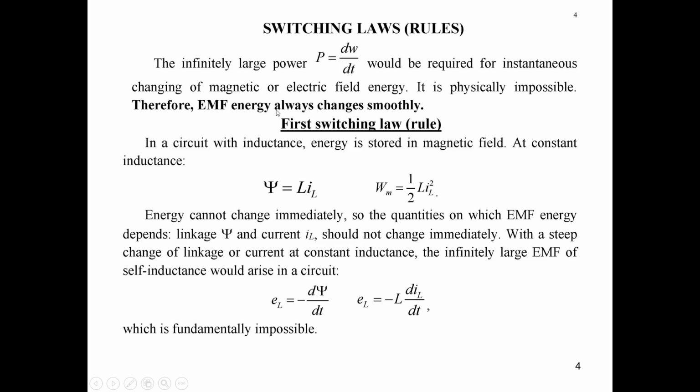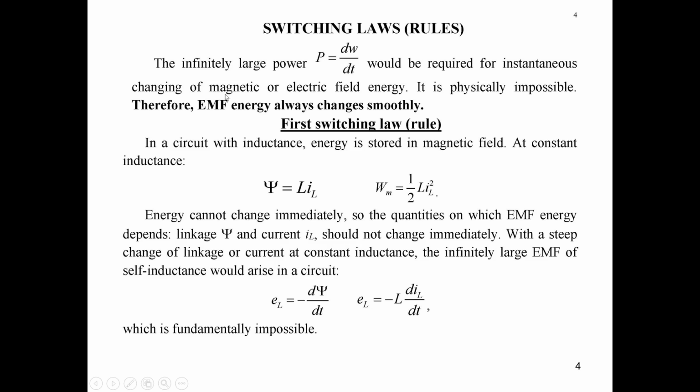It arises from the conservation of energy, and it is due to the fact that if energy changes abruptly, not smoothly, it will require infinitely large power to support such a process, either of magnetic or electric field energy, and it is physically impossible.